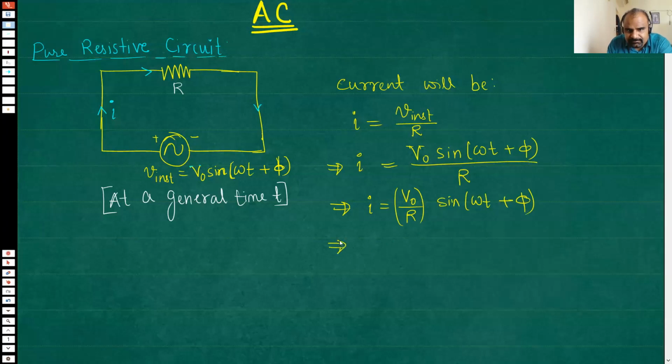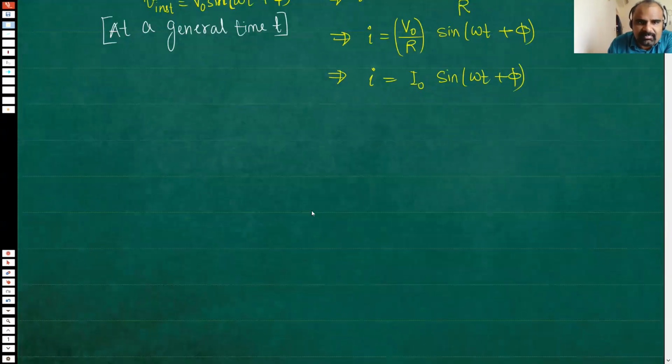Now this V naught by capital R, we write it as I naught sine of omega t plus phi. So here in this equation, I is equal to I naught sine of omega t plus phi.